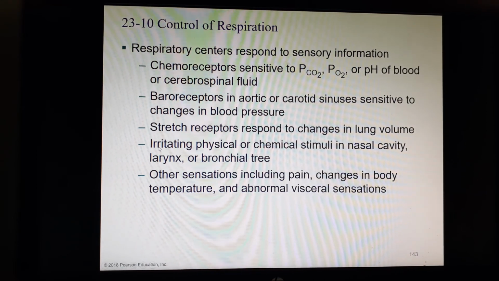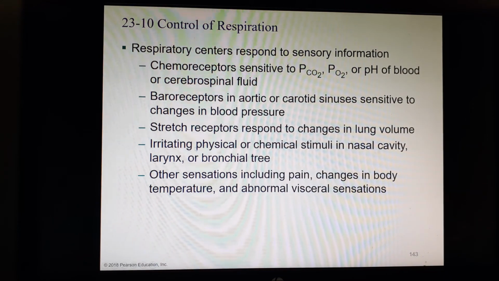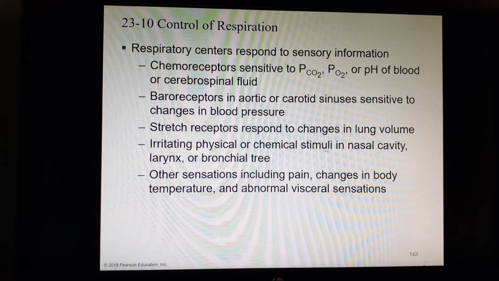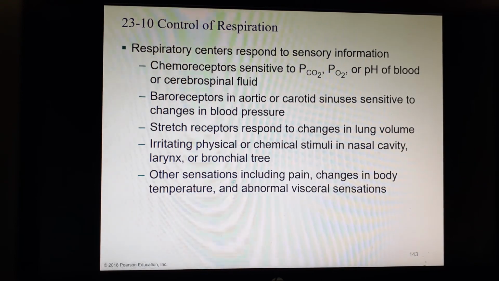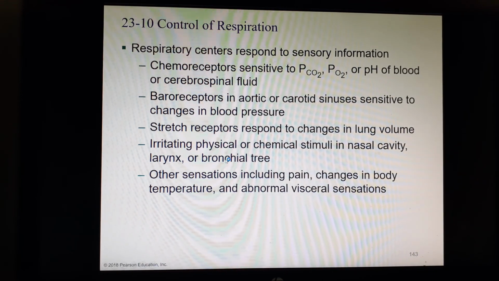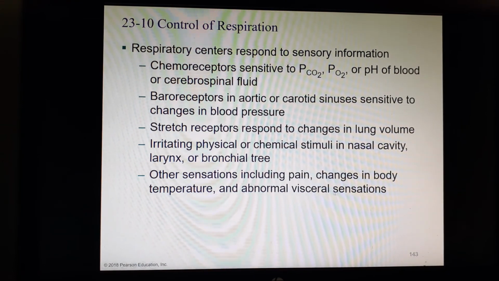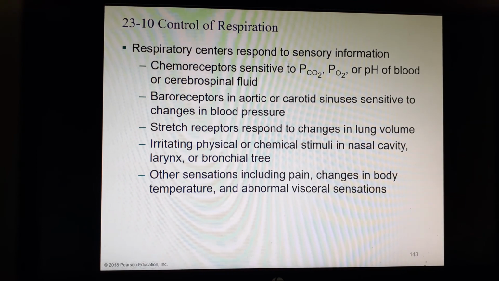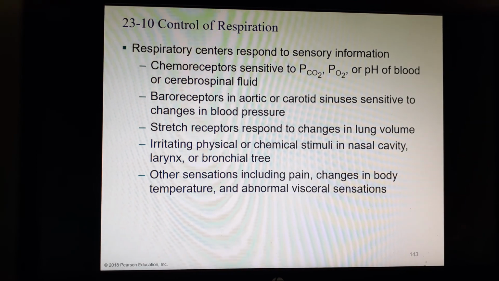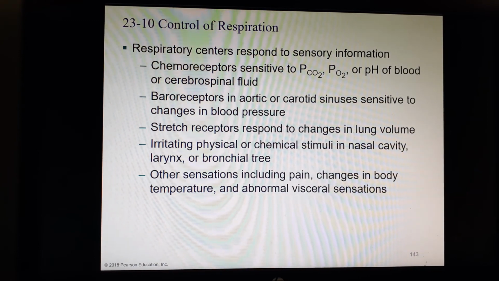Any kind of irritating physical or chemical stimuli in the nasal cavity, larynx, or bronchial tree can set off some of these reflexes we're going to see. And we can even have things like pain, fever, or any abnormal visceral sensation. So that means any organ feeling uncomfortable, painful, any malfunctioning could actually change your breathing rate.